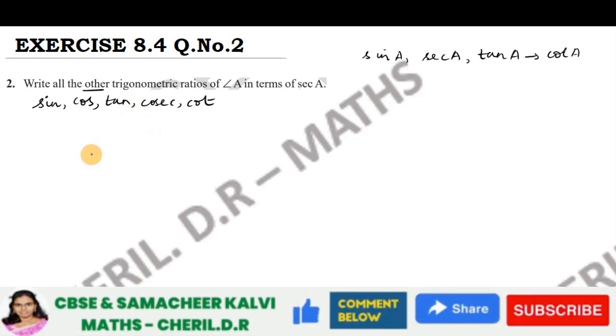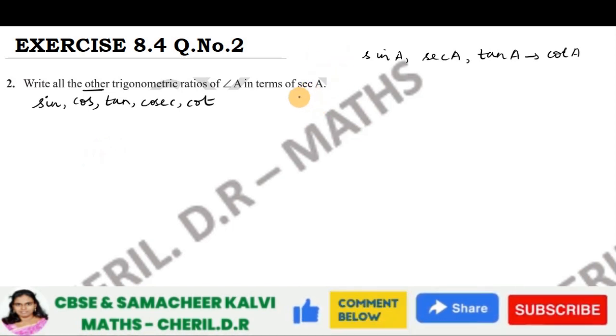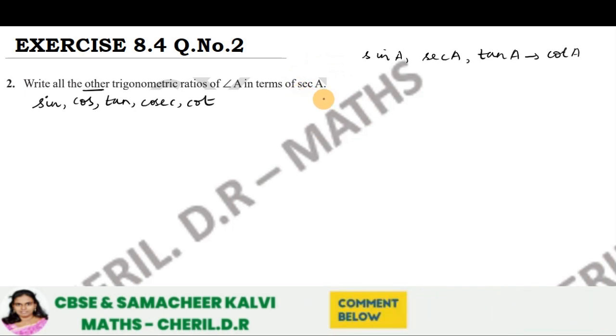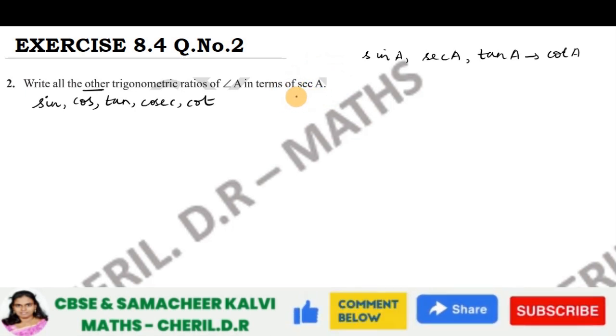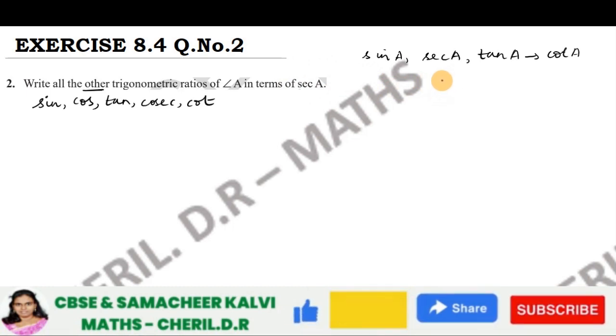What we need to do here is first write the formulae and the identities which we know related to secant A. What are the things which we know already?